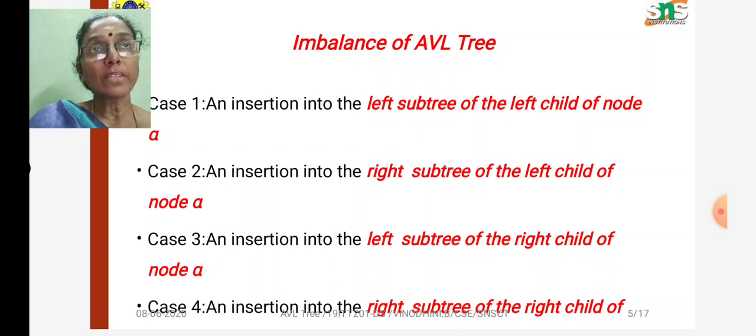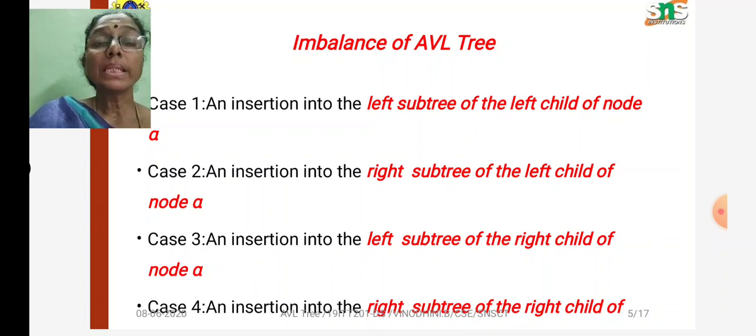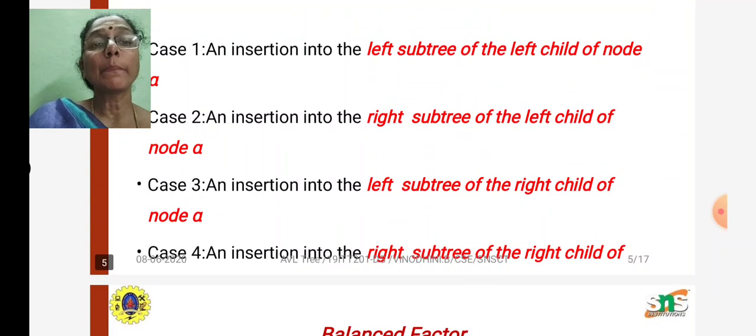Case 3: insertion into the left subtree of the right child. Case 4: insertion into the right subtree of the right child. These are the four cases in which the AVL tree is imbalanced.